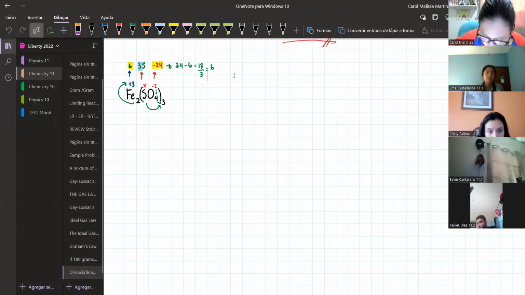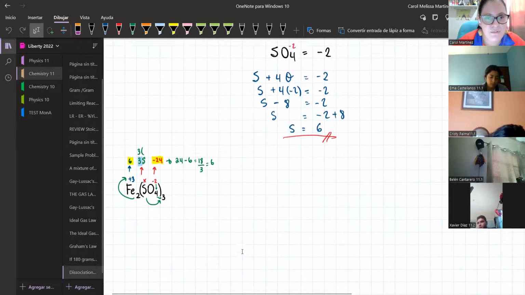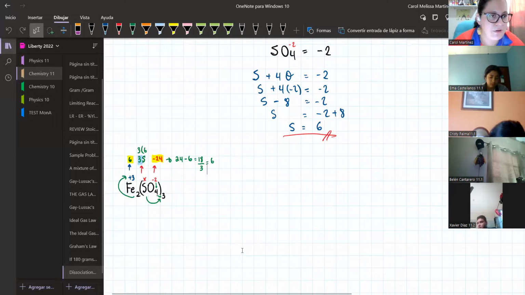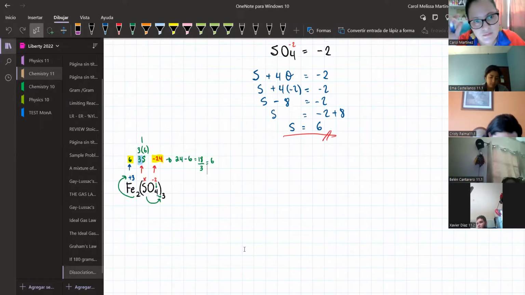Okay, so 3 times 6, that is 18. 18 and 6, that makes 24. And 24 minus 24, that makes 0. You don't see the process because my connection is slow, but you will see that it will appear slowly, step by step. There you go.